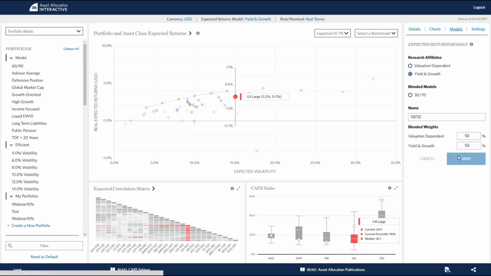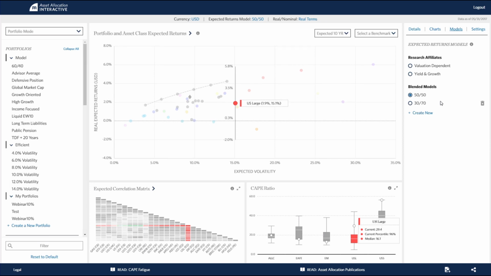This is for investors who might say, you know what, I'm not as confident as you are in your mean reversion and your valuation dependent, but I don't want to totally ignore it. I can just weight the two models together at 50-50, and the expected return for, in this case, US large is a 50-50 blend of what you would get under the two separate models.